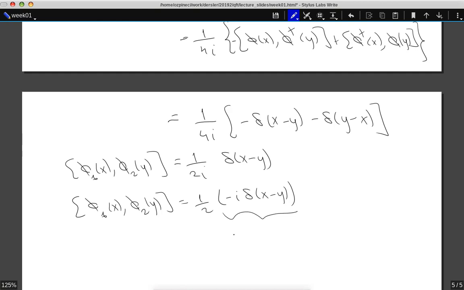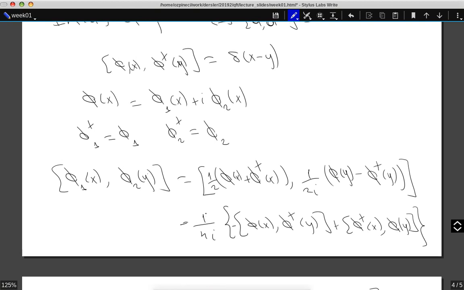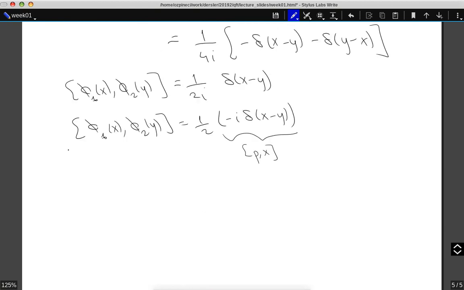Well, this is just like the commutator of p and x. Well, there's this extra factor of 1 over 2, which we should somehow get rid of. We can get rid of them by just redefining.